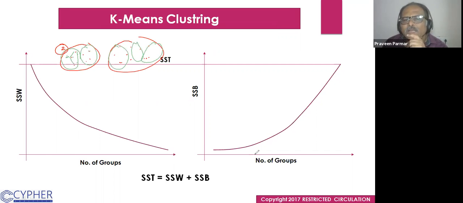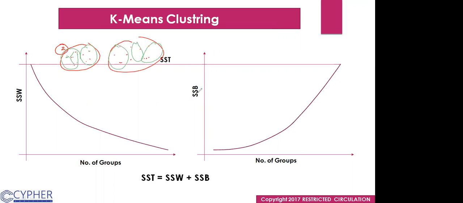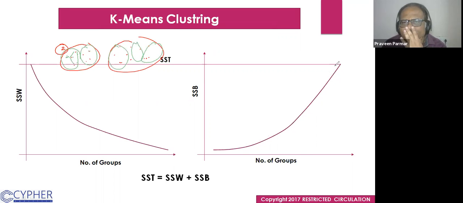And when the number of groups increases, the SSB is increasing. Sum of square between increases as the number of groups increases. It is just the opposite of that. If you increase the number of groups, the sum of square between will increase.